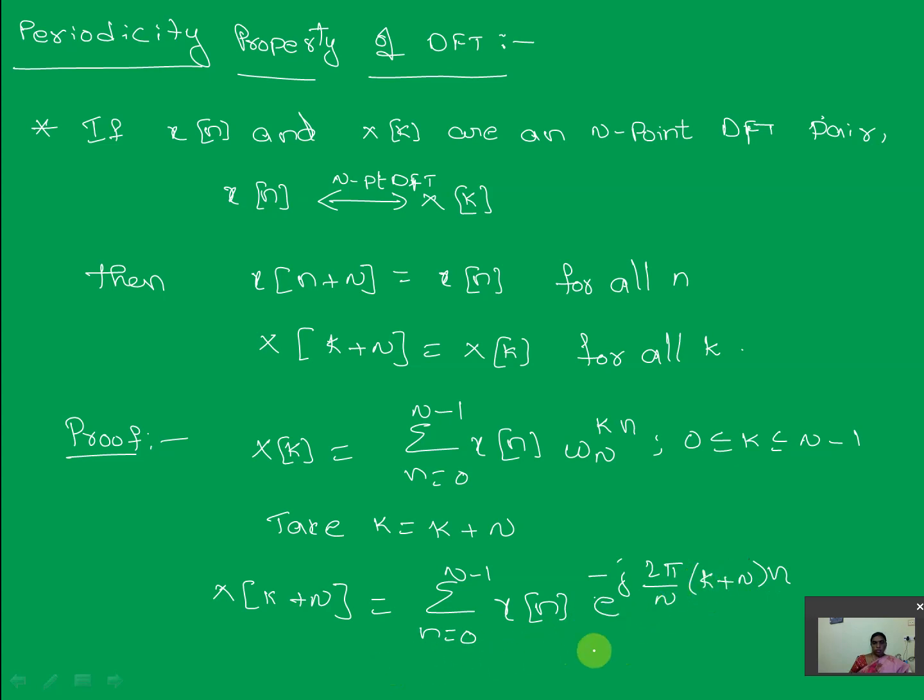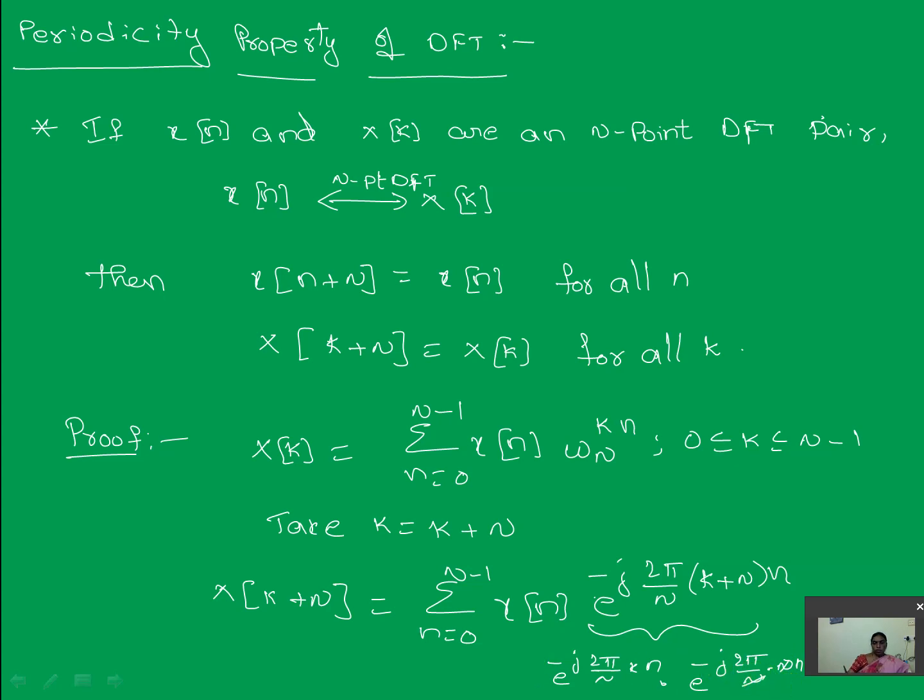Just take this term. This is e power minus j 2 pi by N k into n, into e power minus j 2 pi by N capital N into n. These two are cancelled, leaving e power minus j 2 pi n.